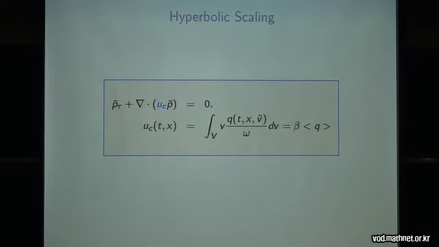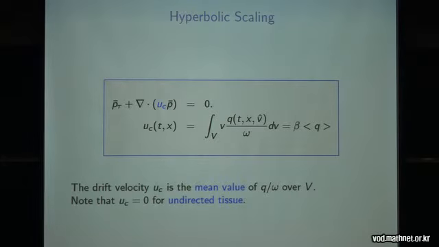As I say, if all the fibers go this way, then the expected direction of the cells is the same direction. So u_c is the mean value of q divided by omega over V. But then for undirected tissue, like the collagen fibers in the skin, this is actually 0, because it's symmetric.